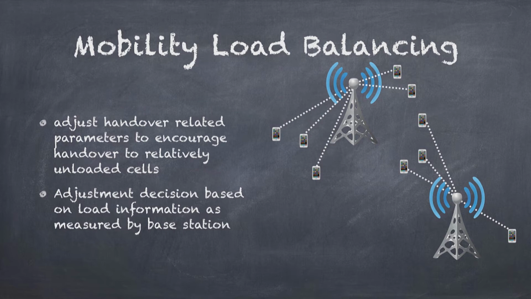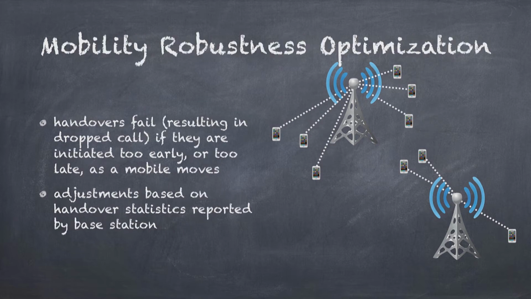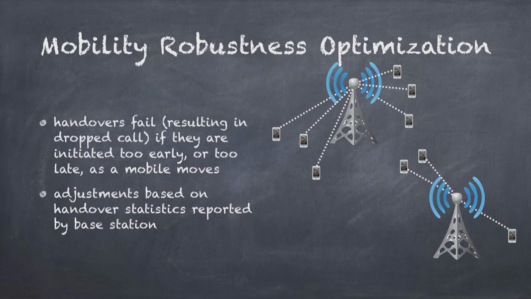And so another algorithm that we implemented is called mobility robustness optimization. And it's related, but somehow different. The problem that's trying to be solved here is that if the network is not set up properly, there are some things that can go wrong when a device tries to hand over from one cell to another cell.